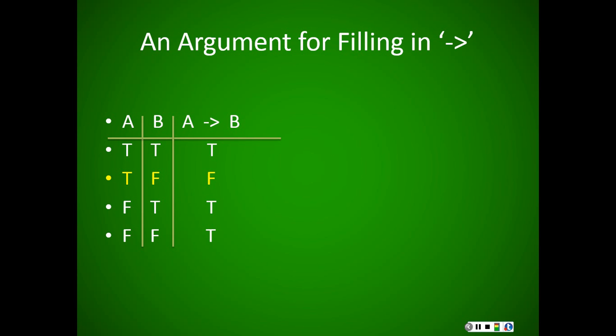Because if A then B is true when and only when it is not the case that A and not B is true, and the one case in which it is not the case that A and not B is false is when A is true and B is false. So that's the one case in which the conditional is false. In every other case, the conditional is true. So a conditional is true in every case except when its antecedent is true, but its consequent is false. So this is our truth table for arrow.